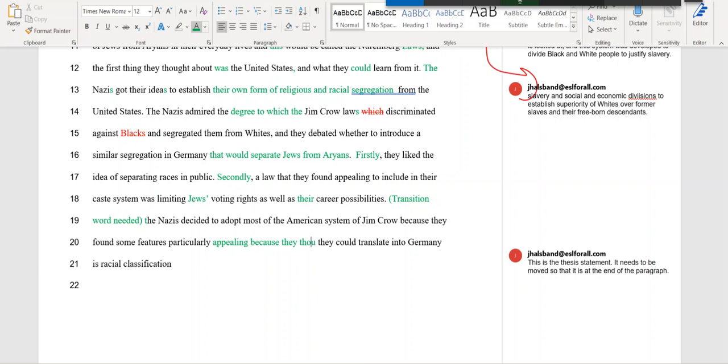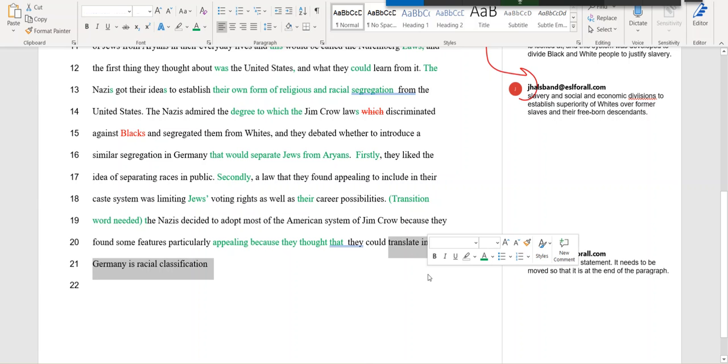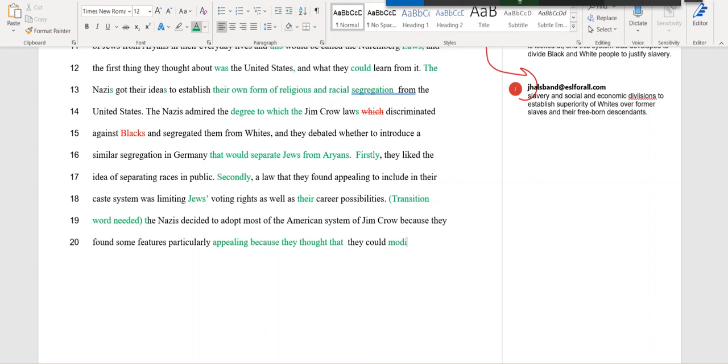Because they thought that they could modify the American system to fit into their vision of a racially pure Aryan society.